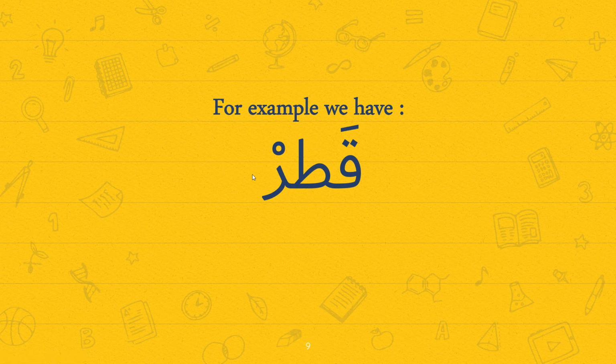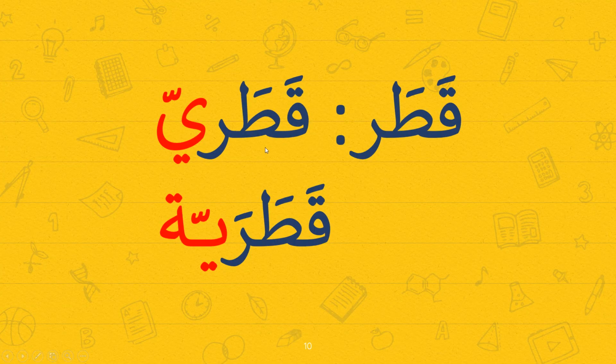So if that's the case, what you will do here is just add the ya, which will make it Qatari, his nationality is Qatari. He is Qatari, and she is Qatariya, قطرية. Okay? These are the main rules.